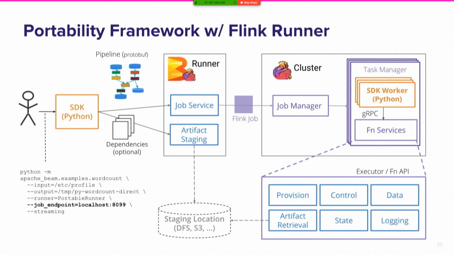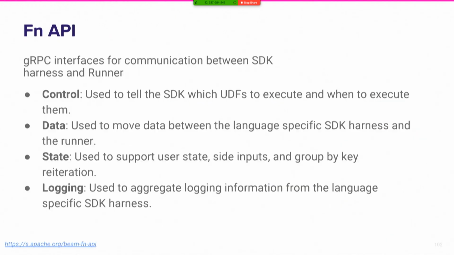using the Flink Runner. So there are different planes that control separate aspects of that API. The control plane is the top level interaction, really, where the runner tells the SDK what functions will be needed, because functions need to be deserialized in some way and prepared before they can execute.